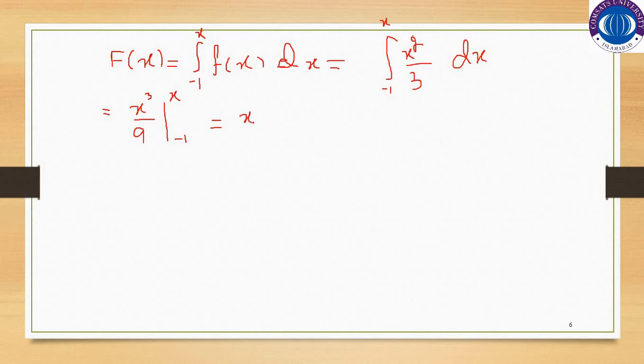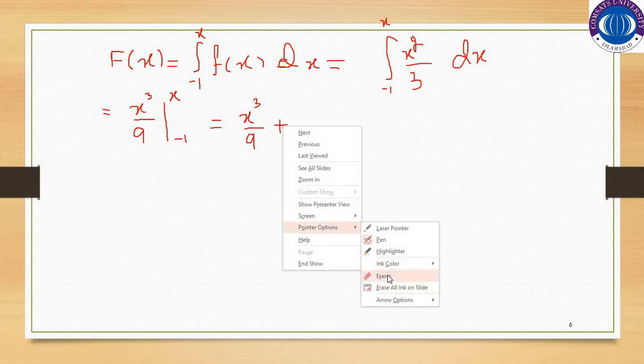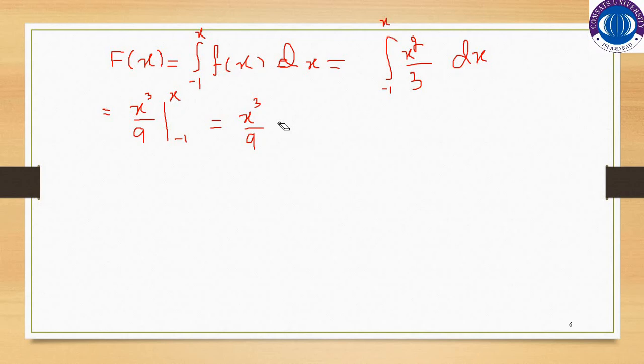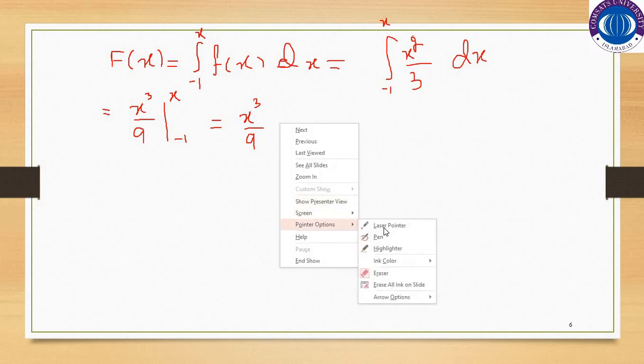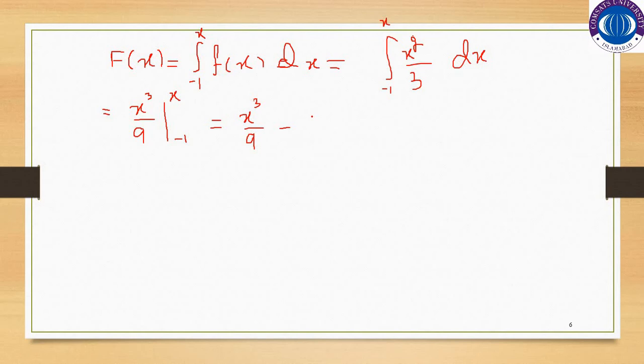It should be x raised to power 3 over 9 plus, for the lower limit, minus 1 raised to power 3 over 9.